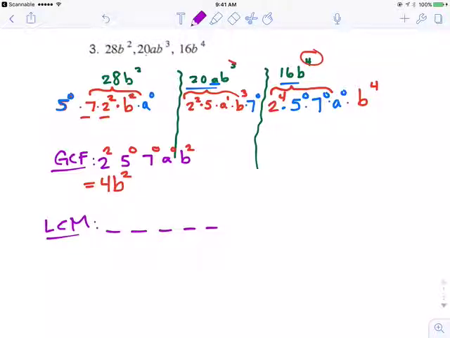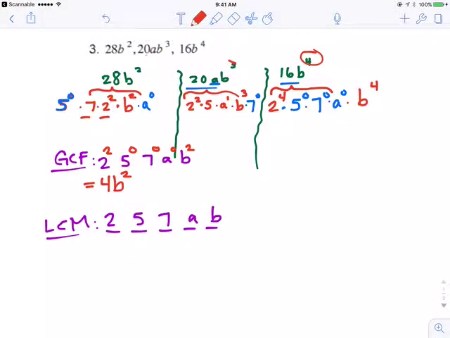Same terms again. And then from that point, you pick up the greatest. So 2, 5, 7. There you go. A, B. That's it. 2, 5, 7, A, B.